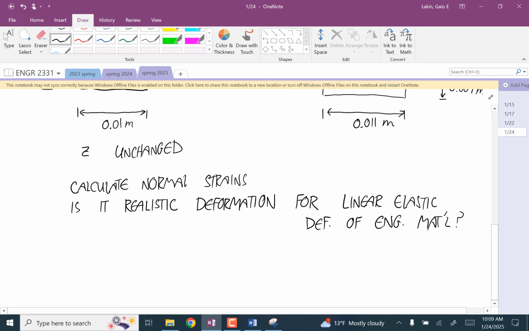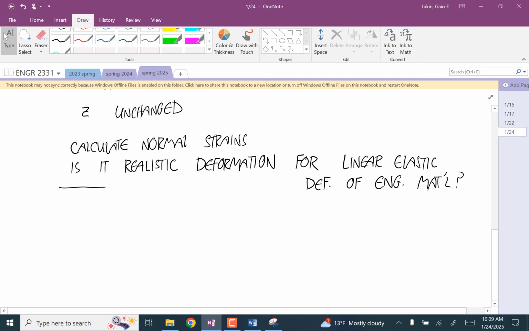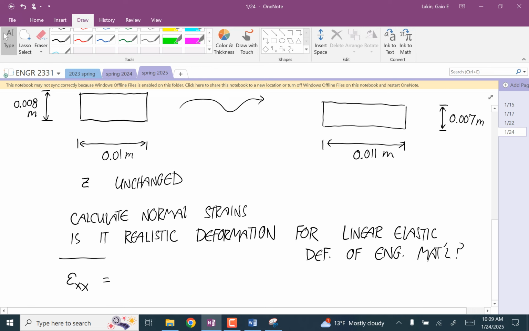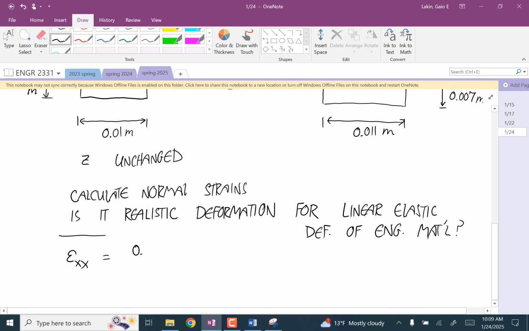Okay. So the way we're going to do this is the X normal strain is the final length minus the starting length in the X direction divided by the starting length. And so that's 0.001 divided by 0.01, which is 0.1.